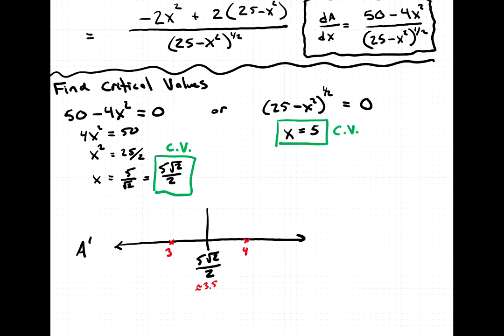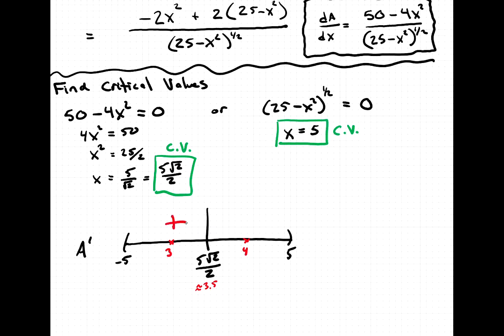And actually not all the way to the left because maybe these arrows are misleading. We're only going from -5 to 5. That's the domain of the derivative. But if we plug in 3, we get a positive number.